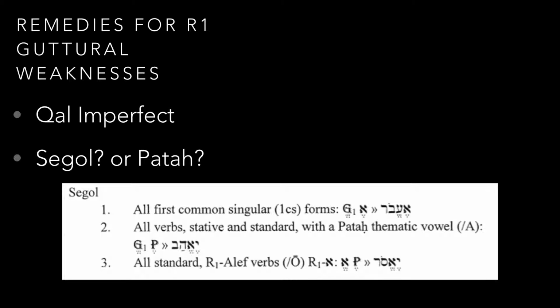The aleph likes to take that hataf segol, so evor is what we have here. Also with verbs in the stative and the standard that have a patah thematic vowel, we get ye'echav as the example there. This is also not completely abnormal to us to have that E-A sound roll.